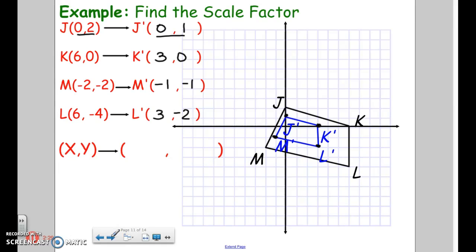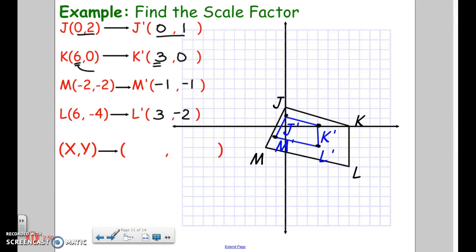So I've got to find out my rule, how I can go from my pre-image to my image. Again, it's going to be reducing, so my number is going to be smaller than 1. I'm going to have a fraction. If I look at my x values, I'm going to look at the K x values because 0 to 0 doesn't really help me.